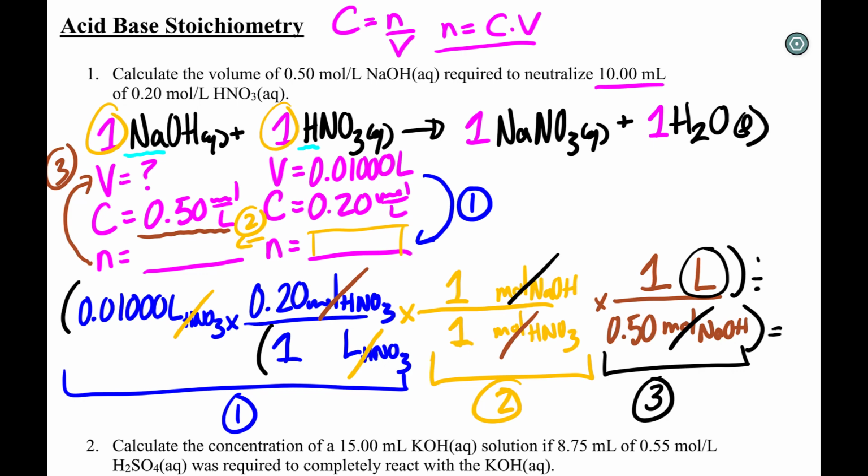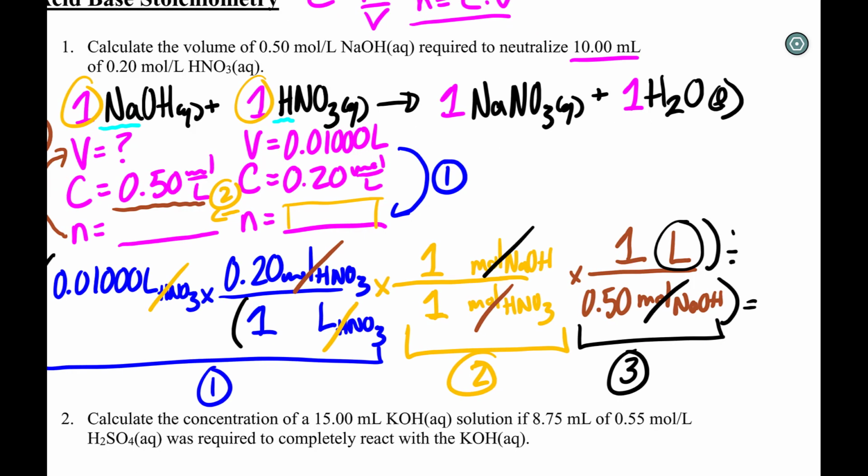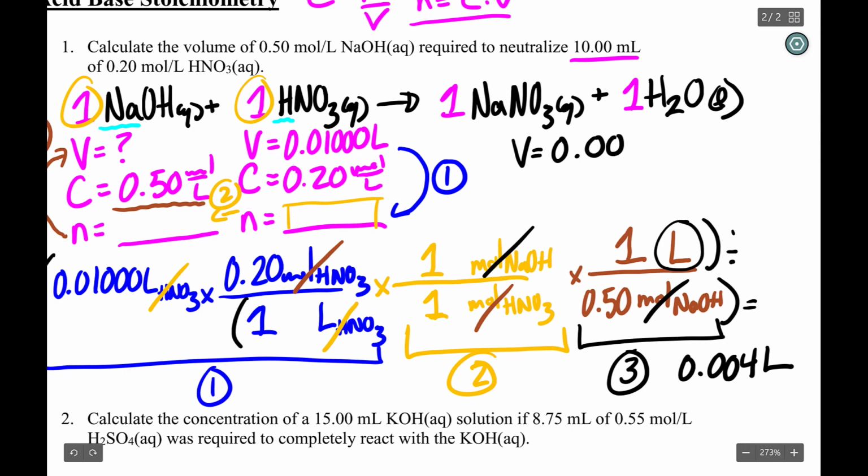When I type that in my calculator, I get a volume of 0.004 liters. Now, if I was to do this in correct significant digits, I could do this a couple of different ways. I could say it's 0.0040 liters.